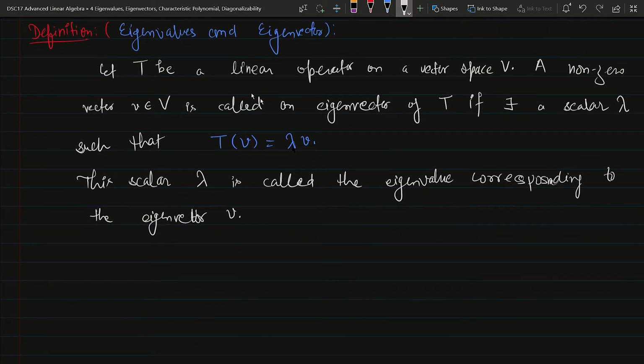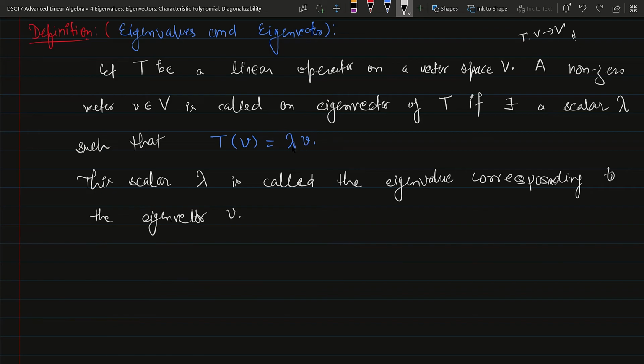You can see that whenever we have the concept of an eigenvector, we always consider a non-zero vector only. A non-zero vector can be an eigenvector only; the zero vector will never be an eigenvector. Second, when we apply the operator T on v, some value will come, since T is defined from V to V. If we choose any element from this domain and identify its image, it will again be an element of V itself, and that element is lambda times v.